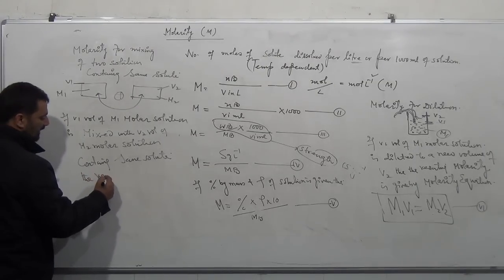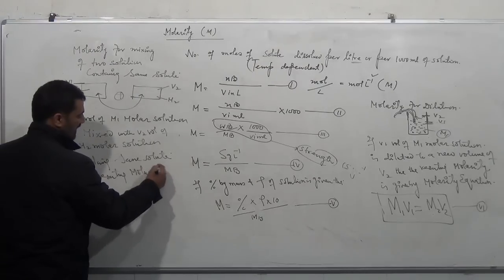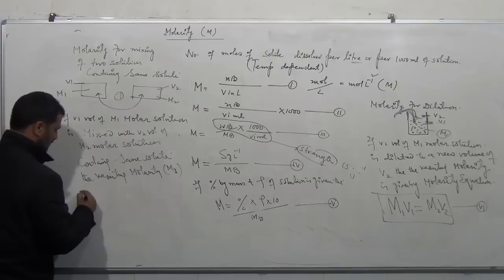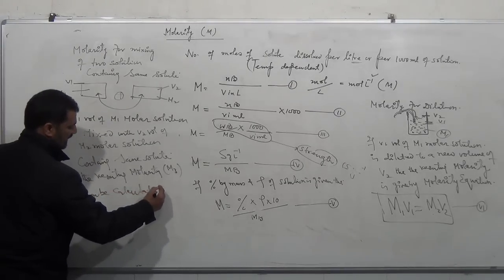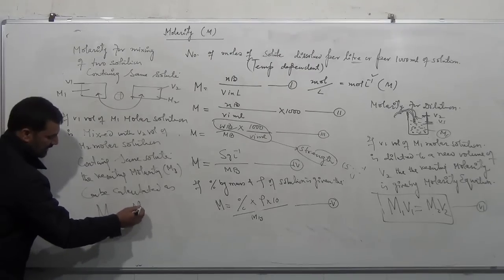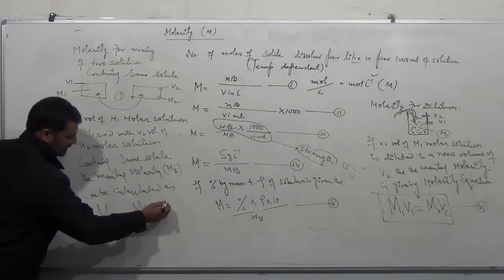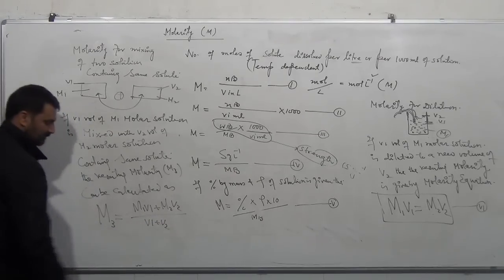the resulting molarity M3 can be calculated as M3 is equal to M1 V1 plus M2 V2 divided by V1 plus V2.